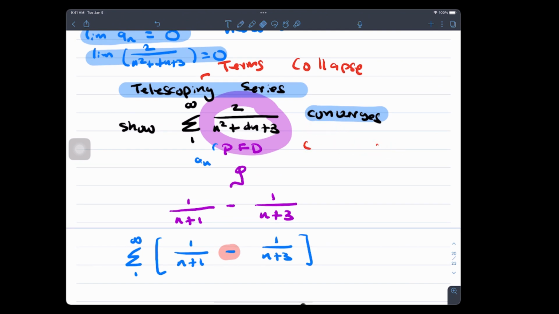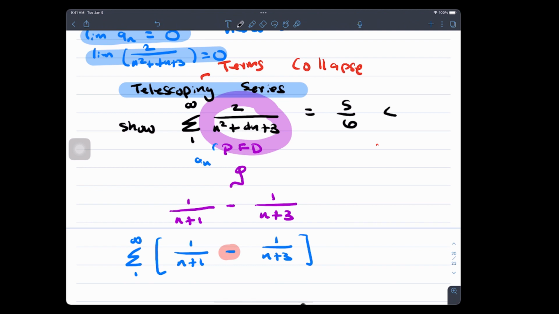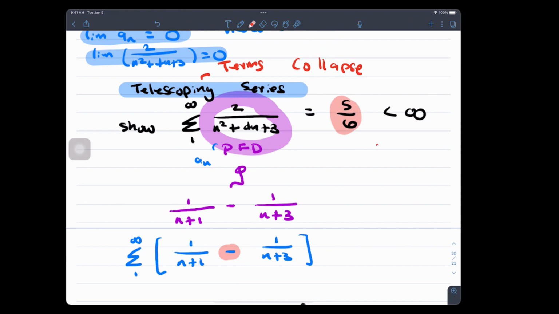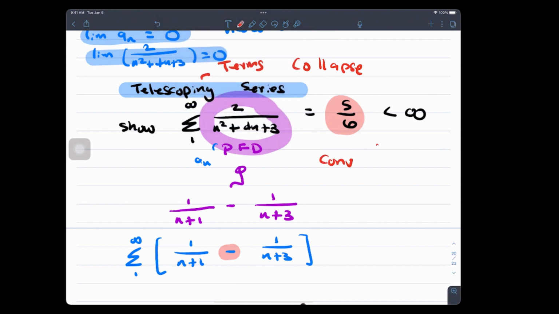It's not geometric. We didn't verify that, but we just shared with you guys here that this is 5/6. That is less than infinity. That is finite. That's what we just found. And that's showing convergence here.